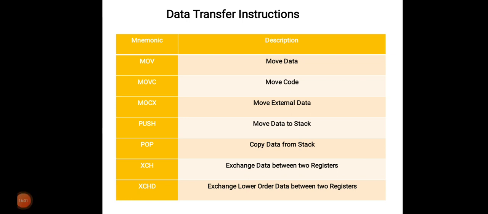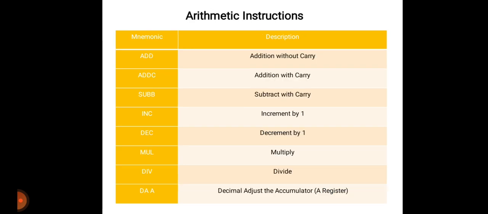Again, here is a table of the possible data transfer instructions, along with other details which I will provide in the PDF. So next one is arithmetic instructions.